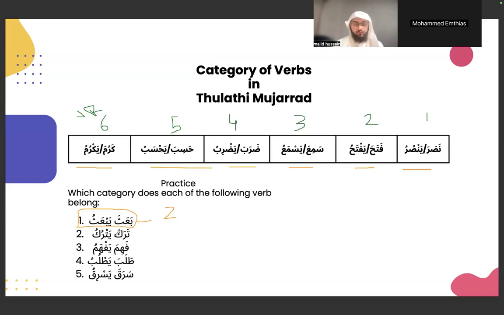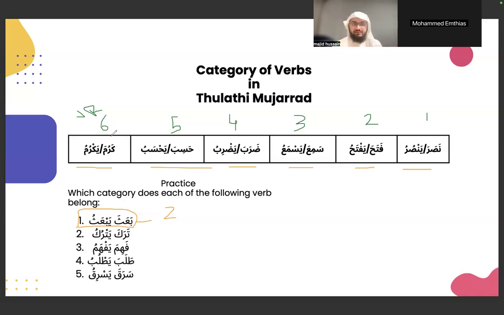But how will we identify different verbs? That comes with practice. I will keep mentioning this in my lessons, inshallah, and with practice we will be able to find out. Because in the later stage, the benefit is that each bab has its own meaning. For example, all the verbs that come in the category of karuma yakrumu are either describing colors or adjectives.